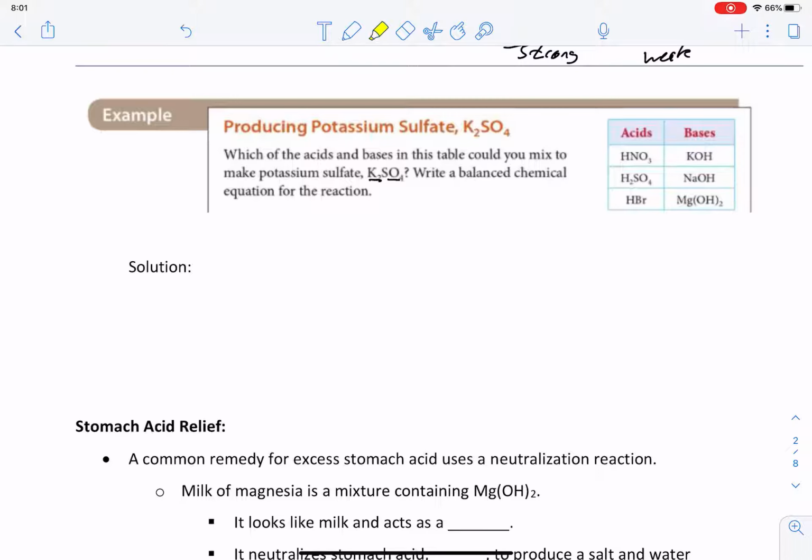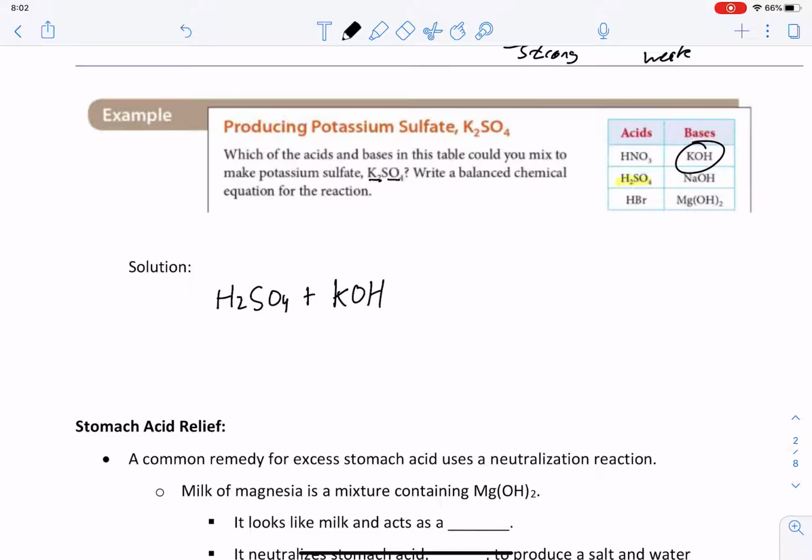So looking at that, we only have 2 options. For our acid, we have to use sulfuric acid, H2SO4, right? We need that SO4 in it. Plus, we need to use a base here. That's going to be potassium hydroxide.